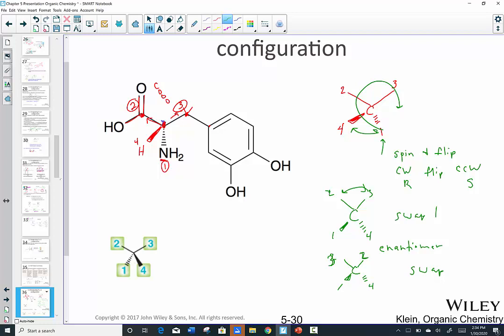Now when we connect 1, 2, 3, I can see the counterclockwise spin, and yes, we've proven with 2 swaps that that's the S configuration. You can literally walk behind the molecule and look at it from the other direction and see that when this is the wedge, you just simply flip the direction. So we decided that's an S conformation.